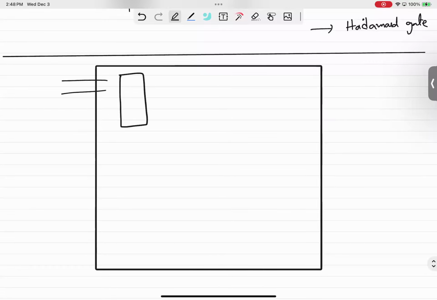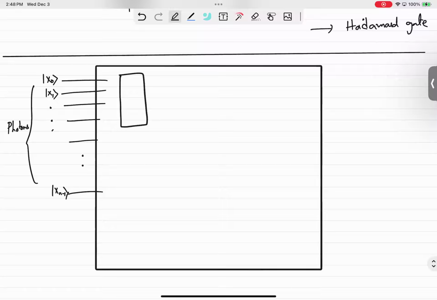Okay. So for a quantum circuit, just as before, you will have n inputs, but the inputs are now photons. Okay. So imagine I initialize my photons corresponding to whatever input on which you're doing the computation on, right?